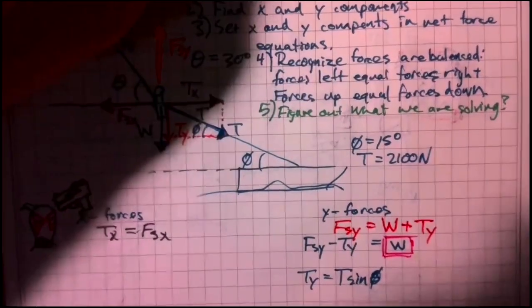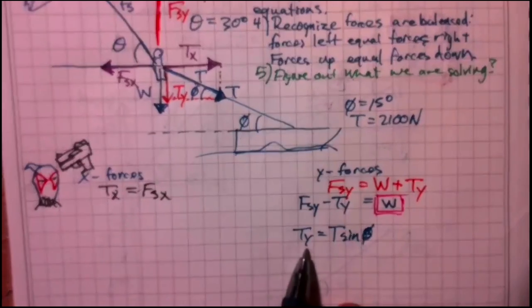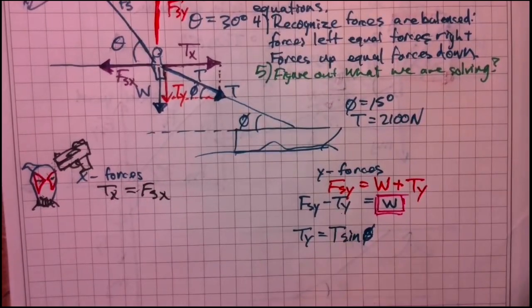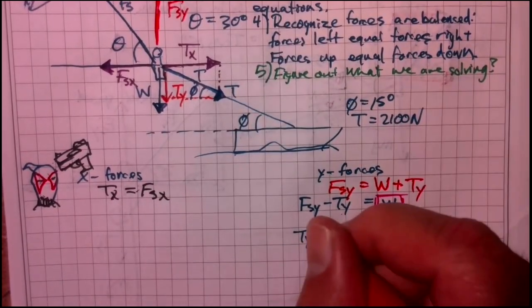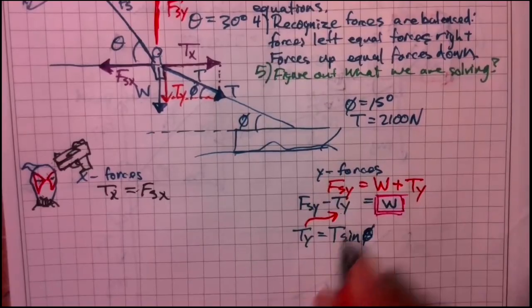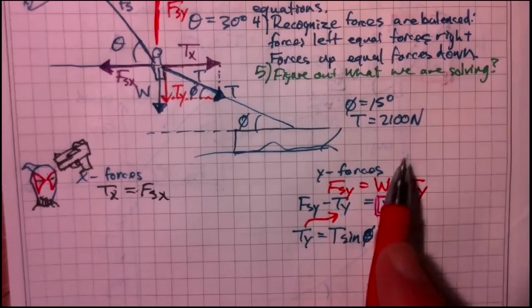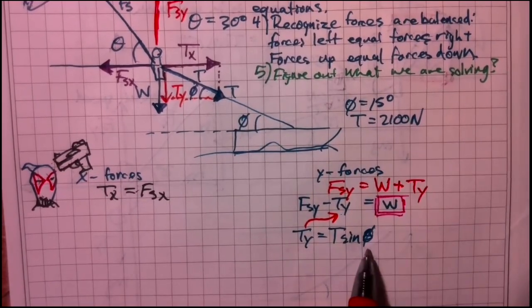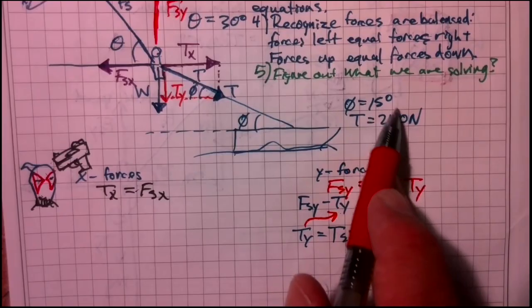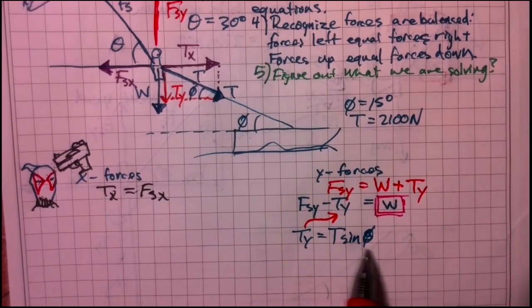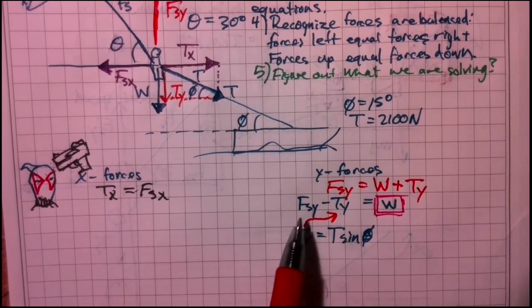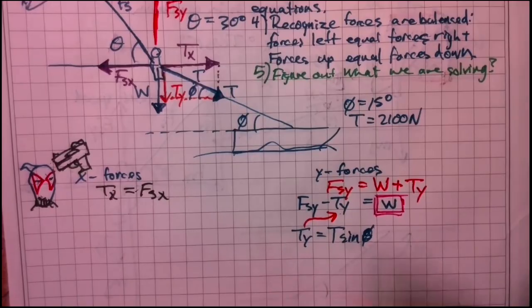So that's one thing that we needed, and we got this one. We know what big T is here, 2100 newtons. We know what our angle is, phi, 15 degrees. So we know everything for this. Now we just need to get F of S of Y.